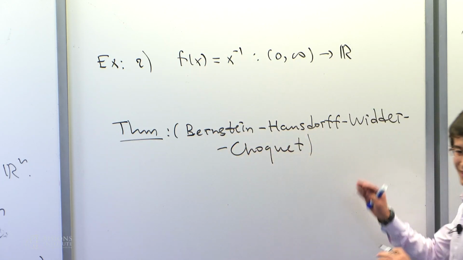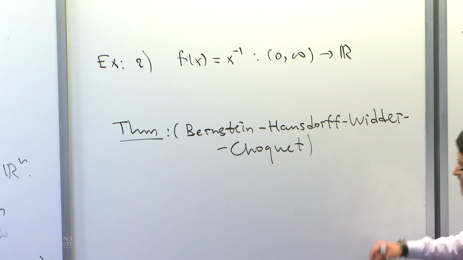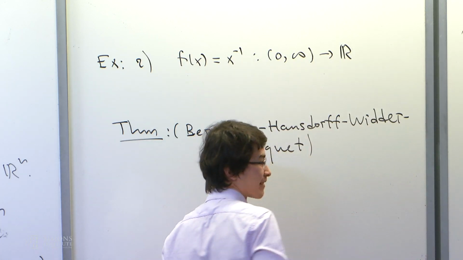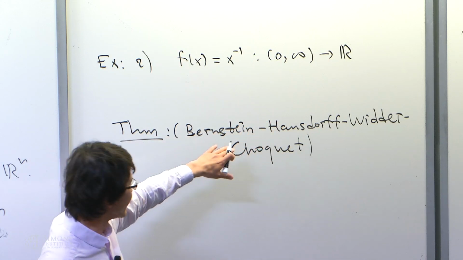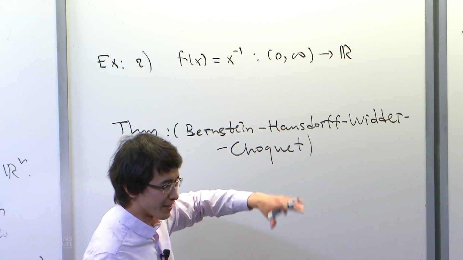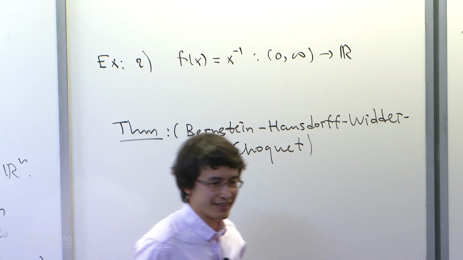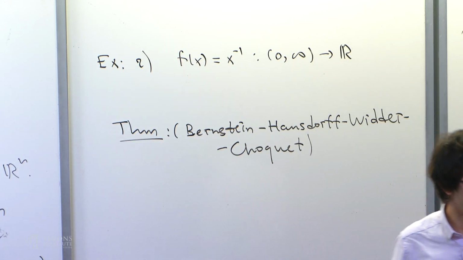This is the one variable case. Bernstein proved it in one variable, and then I think Jacquet gave a full generalization to any cones in any dimension.